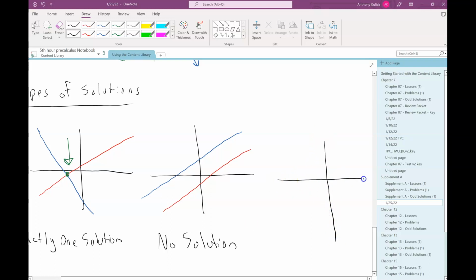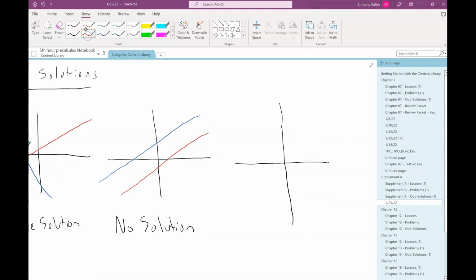And there's one other thing that can happen. Does anybody remember what that one other thing could be? This is the other thing that could happen. They actually are the same line, in which case every point on the line is a solution.